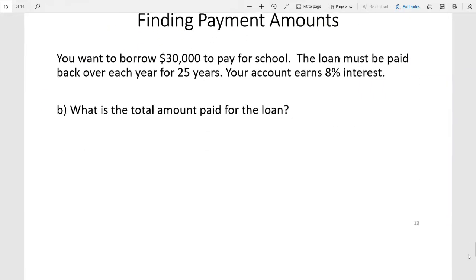Total amount paid for the loan: as we said, you have 25 times 12 equals 300 payments.